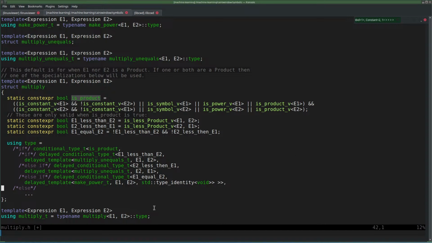And then I don't have to deal anymore with that E2 is a sum. Because if E2 is a sum, then this is false, or this is false. At least that's the idea. So I still have to make it work that it is actually not trying to instantiate that type then.